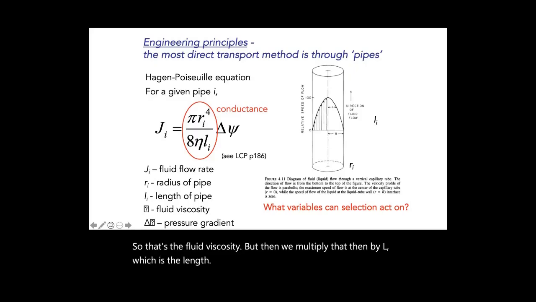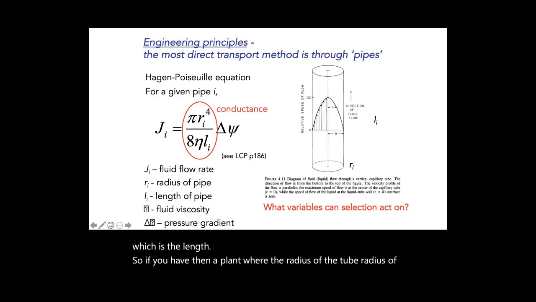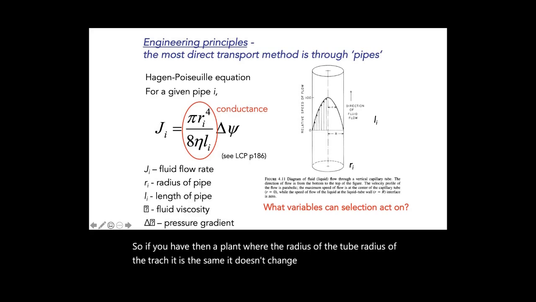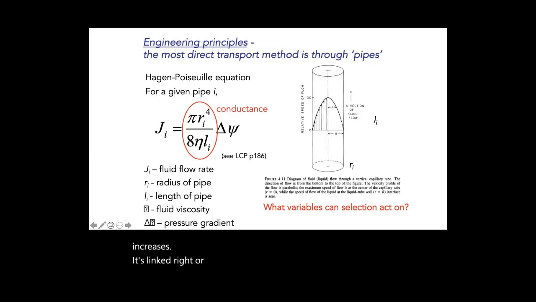So if you have a plant where the radius of the tube, the radius of the trachea, is the same, it doesn't change. We imagine a plant built of tubes the same size, but then we have selection that increases its length, or its height. And so these pipes then have to supply increasingly greater heights.